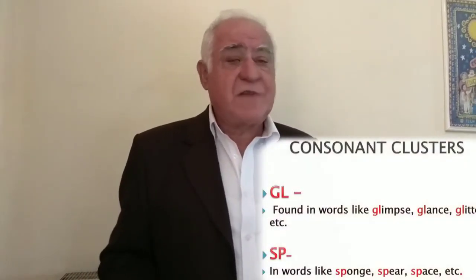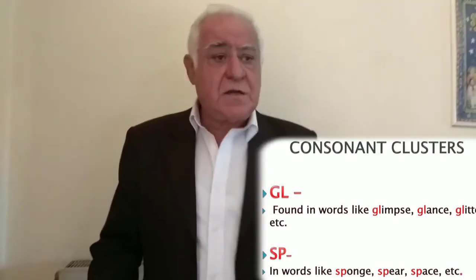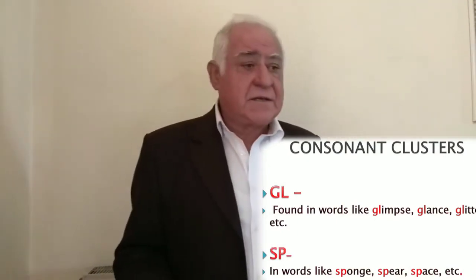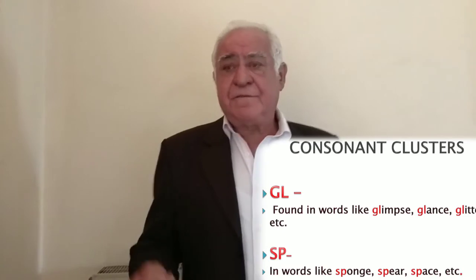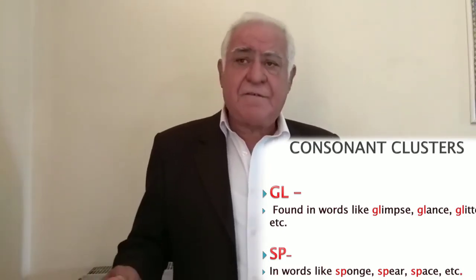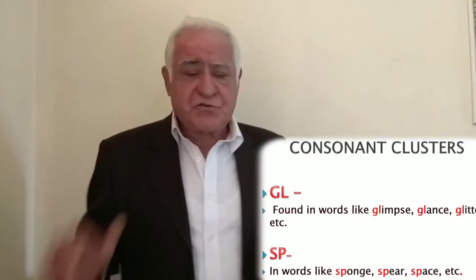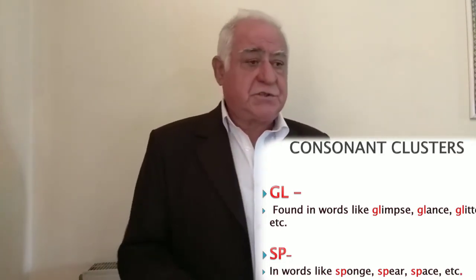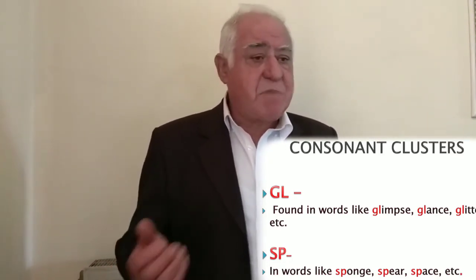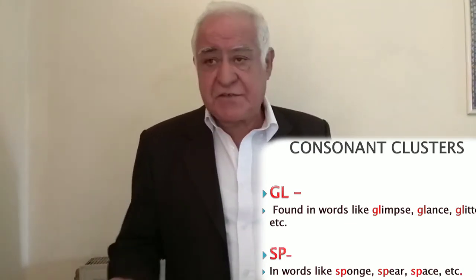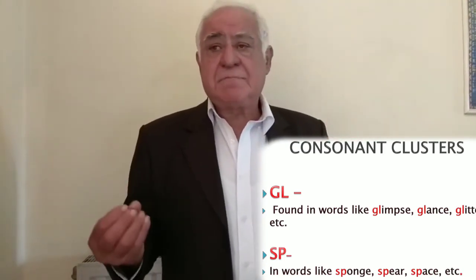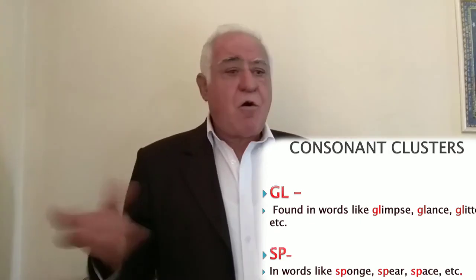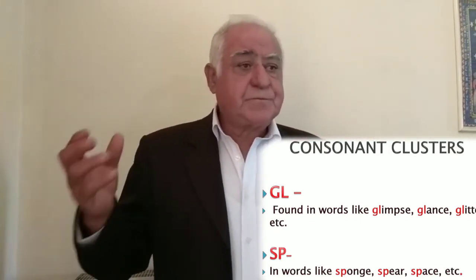First one, GL, which is found in words like glimpse, glance, glitter, etc. All these words reflect the central meaning of shining. Or another one is SP, which is found in words like sponge, spear, space, etc. And this manifests the idea of spreading.